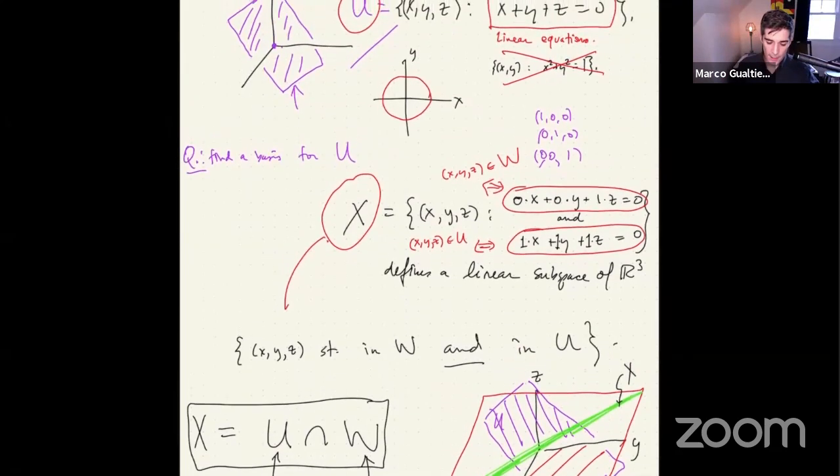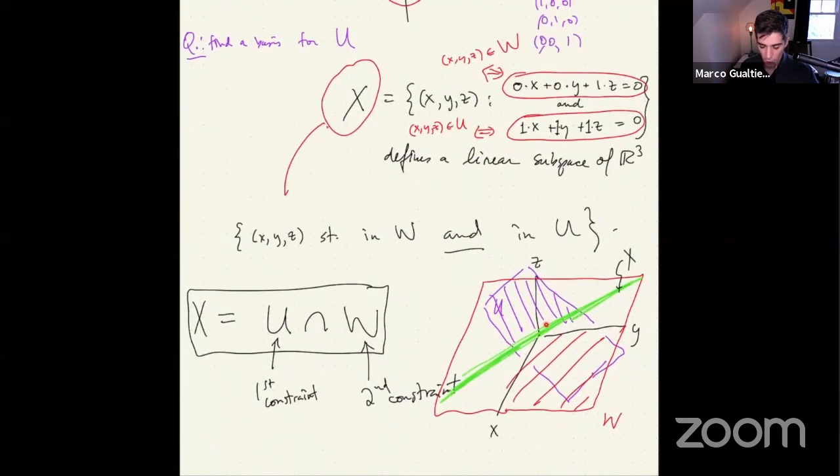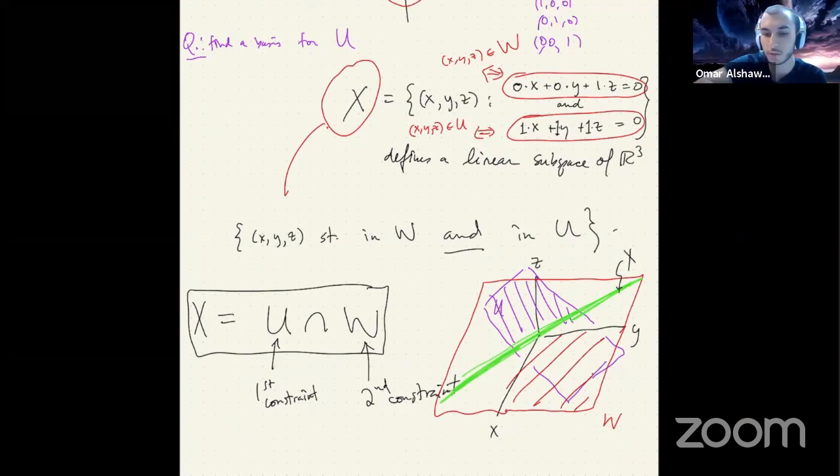You should think that this linear equation is defining a plane, and this linear equation is defining a plane. To impose both constraints means that you're intersecting the two planes, and in this case, the intersection of the two planes is a line. That's what solving linear systems is all about. It's about taking a bunch of planes and intersecting them and seeing what you get. But the constraints, how do they affect the span, or they don't?